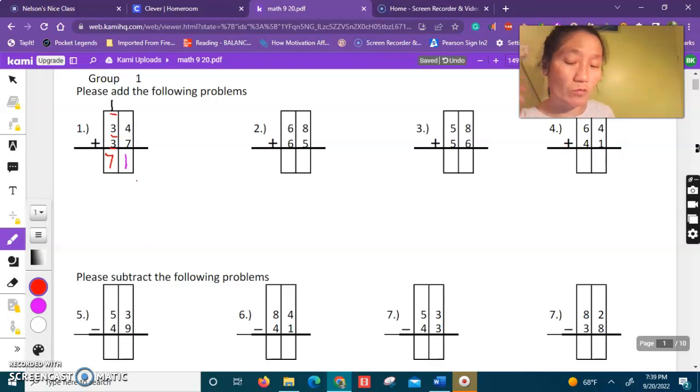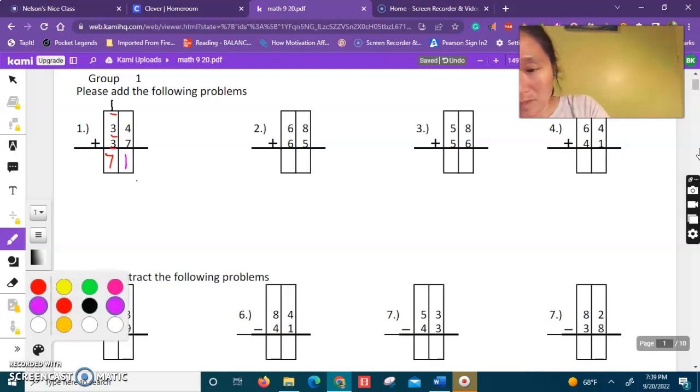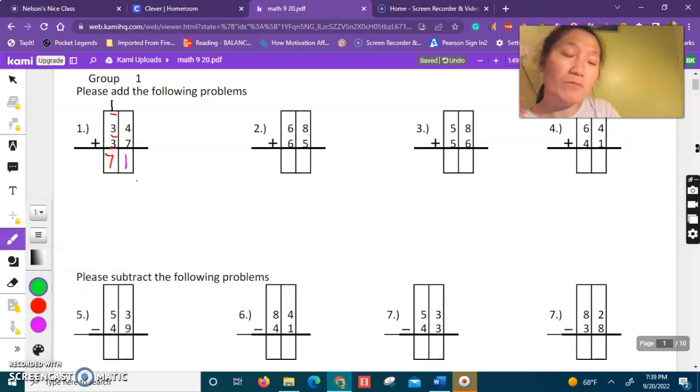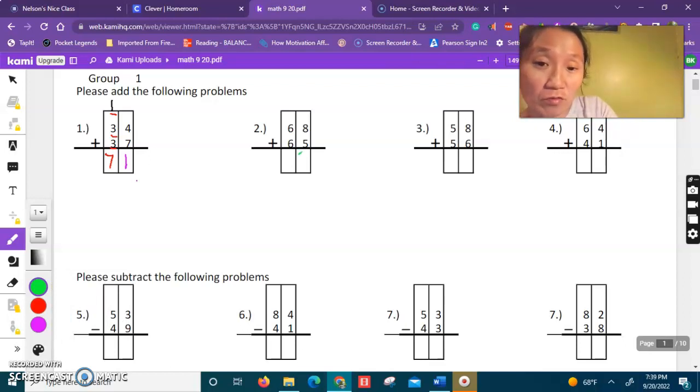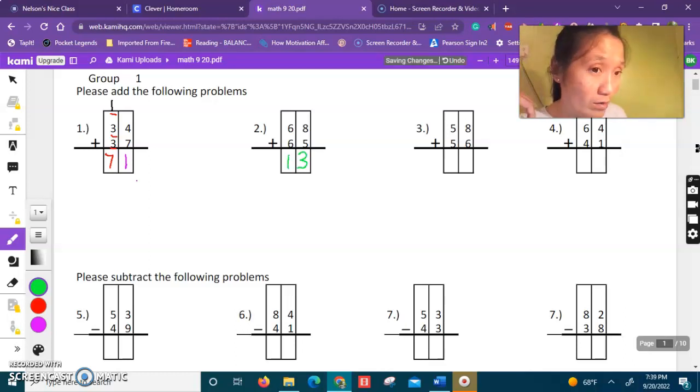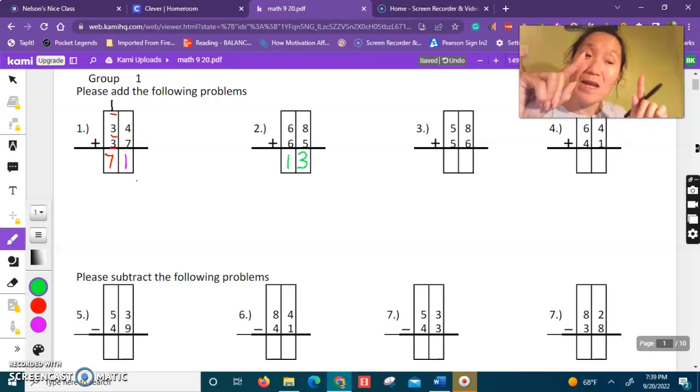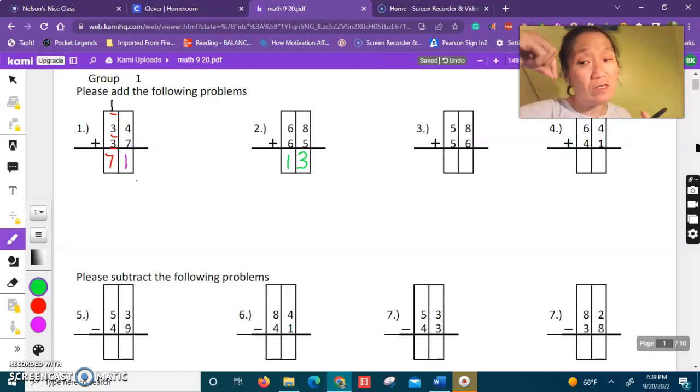Okay, let's do another one. Okay, so we have 8 plus 5. Well, we know that 8 plus 2 is 10, plus 3 more is 13. Now, if I wrote the 13 like this, wrong. The only reason I'm right is because I have 1 digit in every single box.